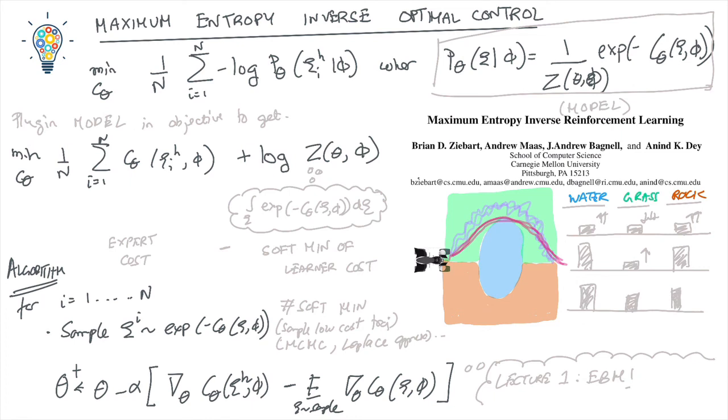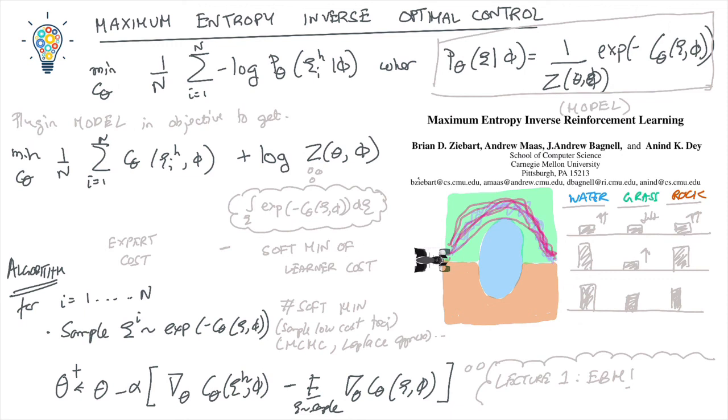Maxent is now going to bump up the cost of grass, right? As a result, making the distribution look more flat, less skewed, and we're going to see all these suboptimal trajectories that are being sampled, that end up looking a lot like the human trajectory, and hence matching moments.